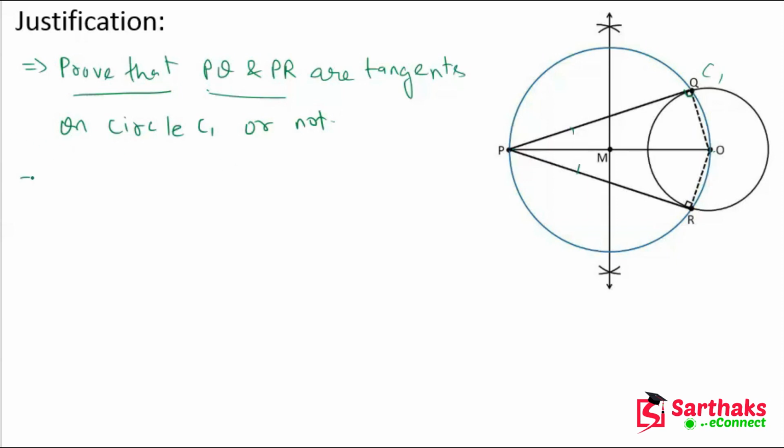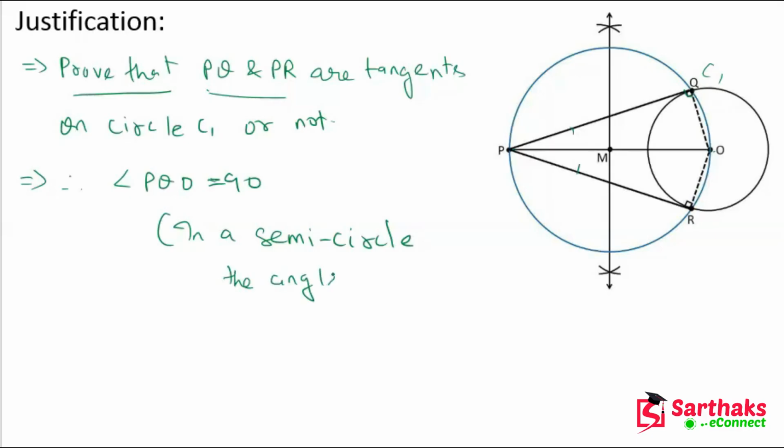So angle PQO is equal to 90 degrees, because in a semicircle the angle is a right angle.